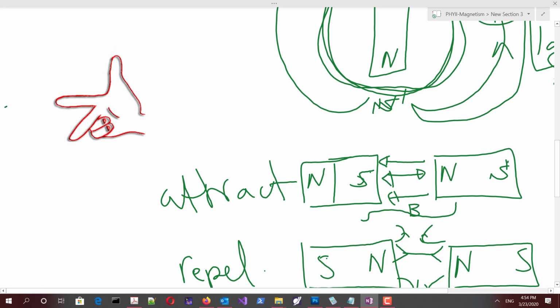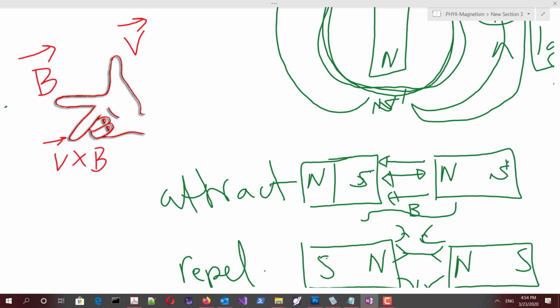At least you keep it to the right hand no matter which way you rotate it, and that's an important property. Okay, having said that, this is the direction of the vector v, the velocity of the particle. This is the direction of B. If I do that, then v cross B is going to be this vector. So that is v cross B, given by the right-hand rule.